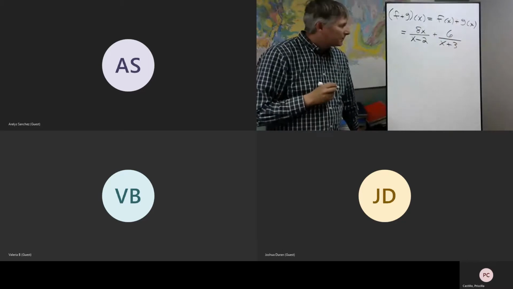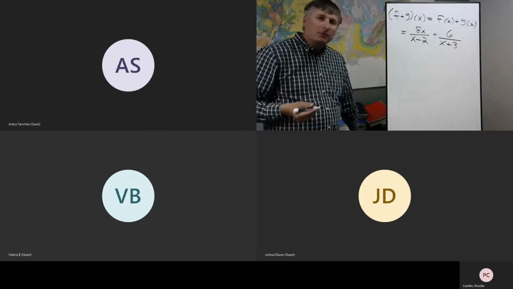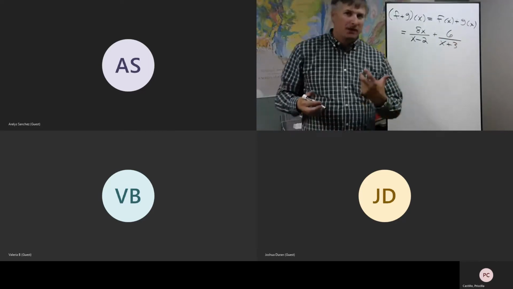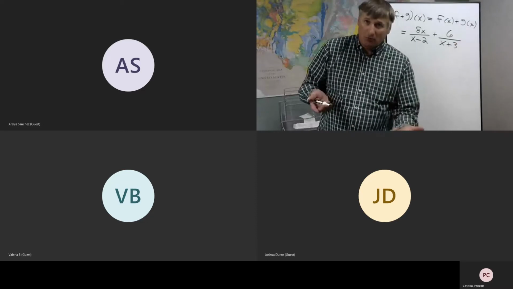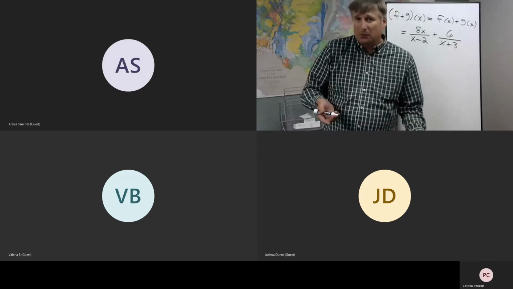It's going to look something like this. Now, again, what we want to look for are places where we've got restrictions on the domains that we've been told to follow, and there aren't any on this one.